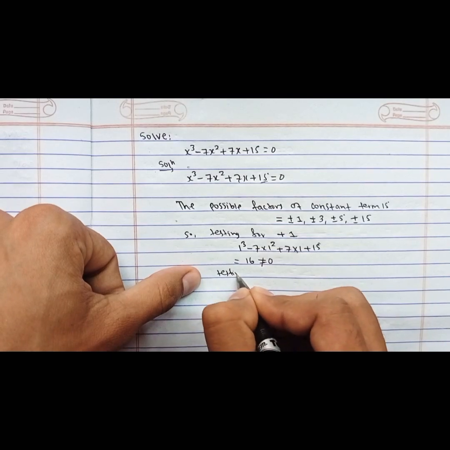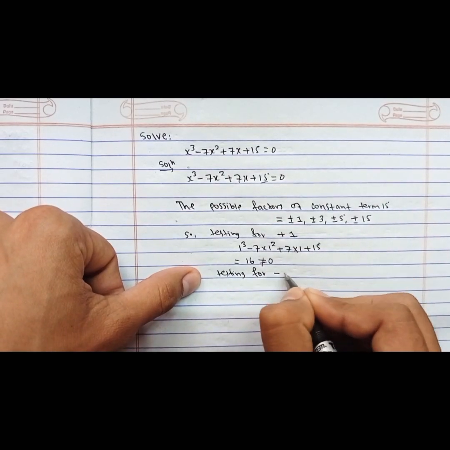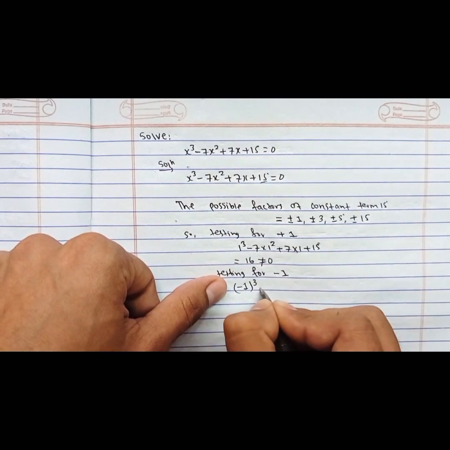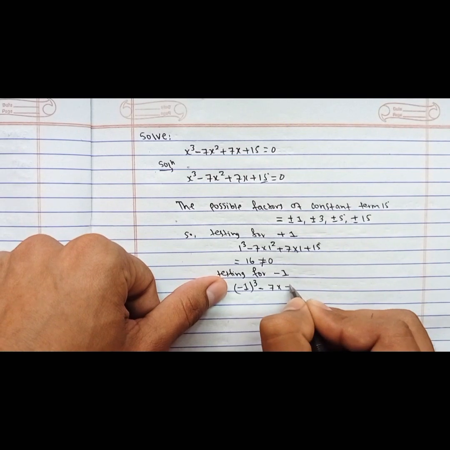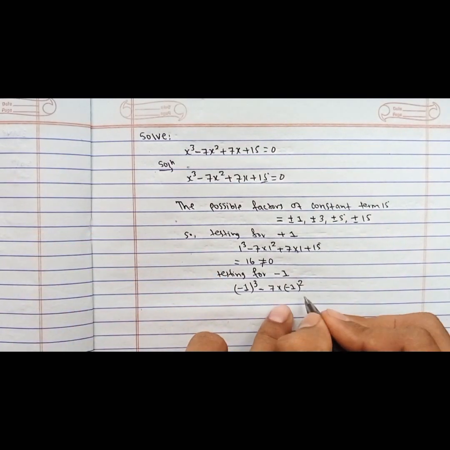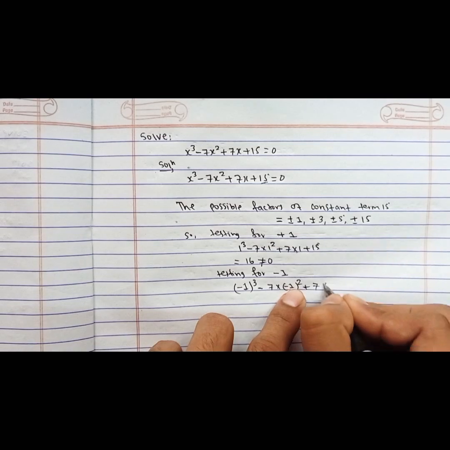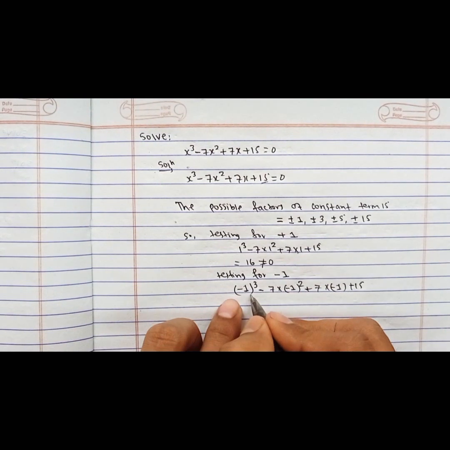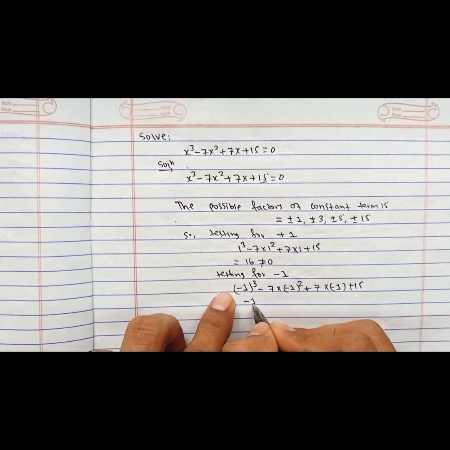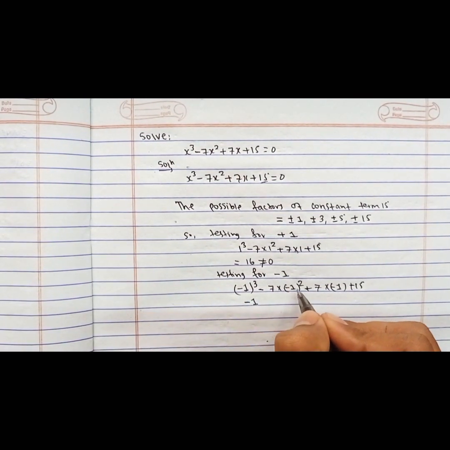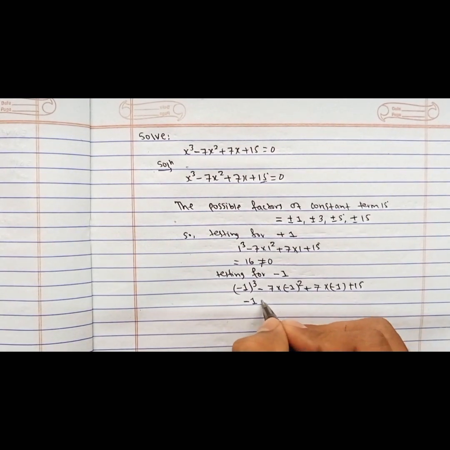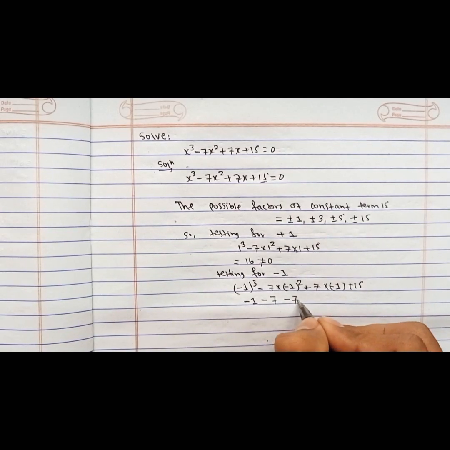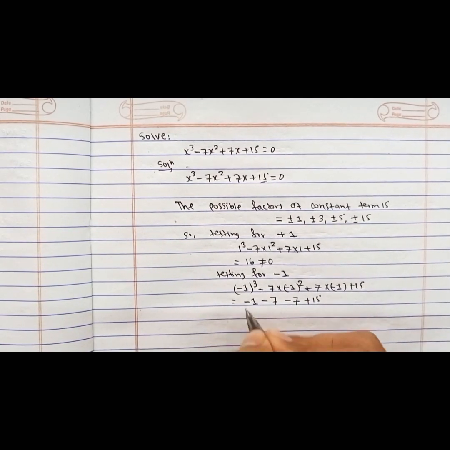Testing for minus 1: minus 1 cube minus 7 into minus 1 square plus 7 into minus 1 plus 15. Minus 1 cube is minus 1, and minus 1 square is plus 1, so 7 into 1 is 7, with the minus sign it is minus 7, and minus 1 into plus 7 is minus 7, plus 15.